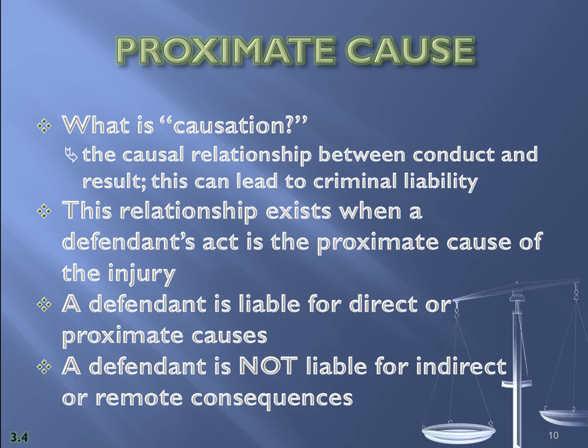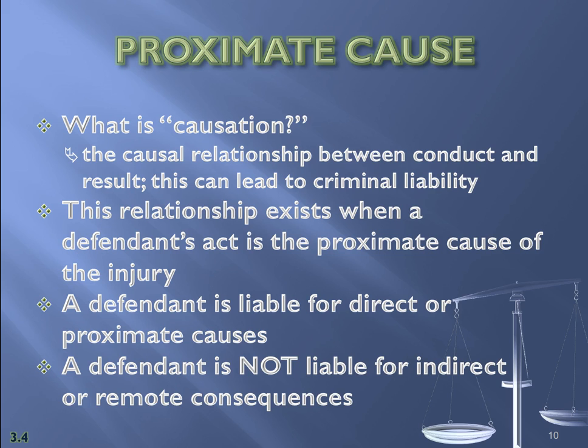I know that sounds kind of funny, but you'll catch on to this in just a second. So in order for this to happen, there needs to be some causal relationship or proximate cause that has to exist between the defendant's act or the act of another in his behalf and the prohibited result which constitutes the crime or the injury.